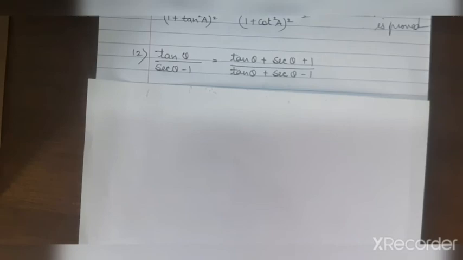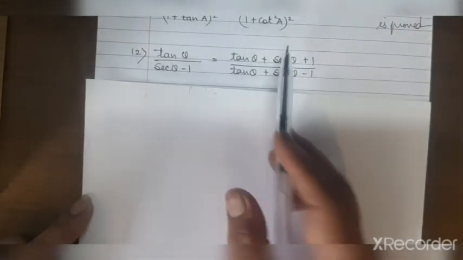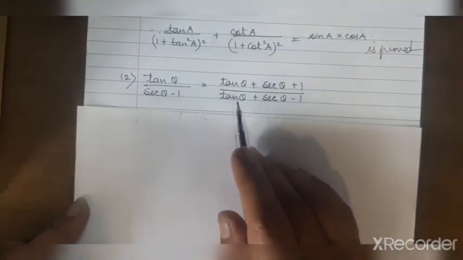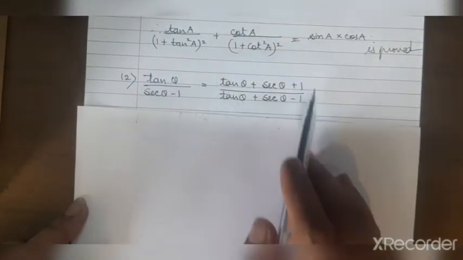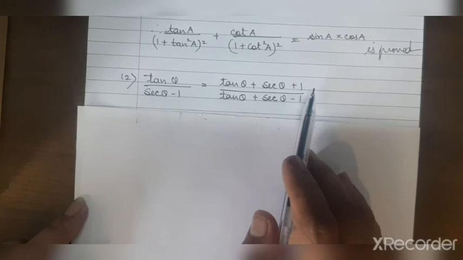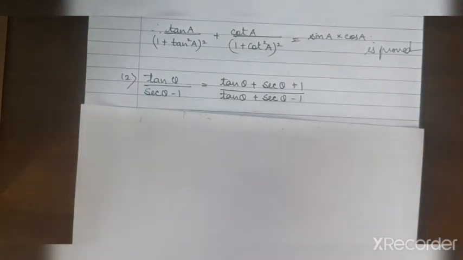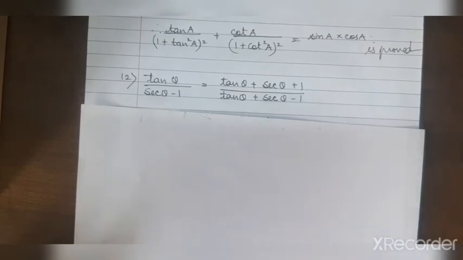So from just tan theta upon sec theta minus 1, we cannot derive such a big expression directly. Same as I told you, in algebra, how do you get a long algebraic expression from a small term? Even in geometry, from this one ratio, we can develop this long ratio here.